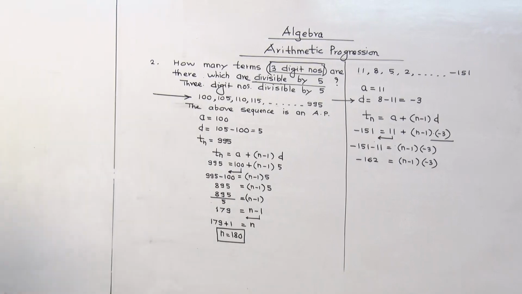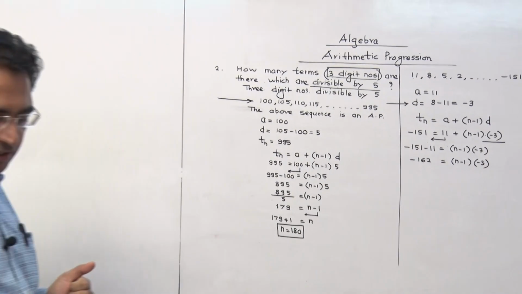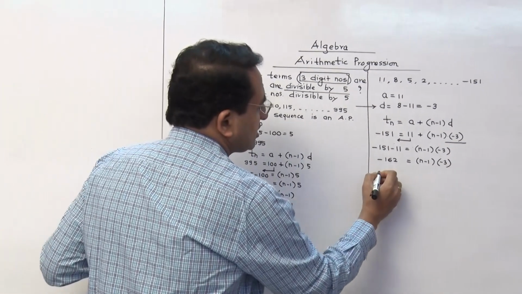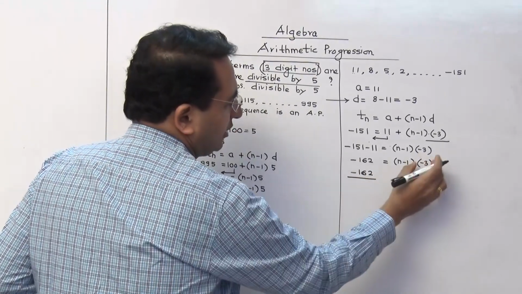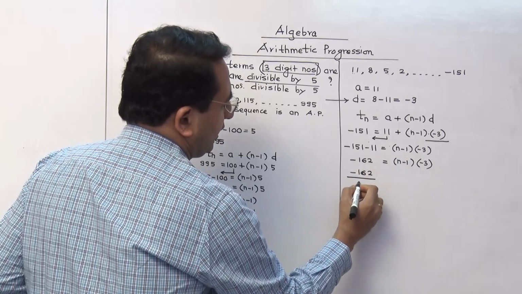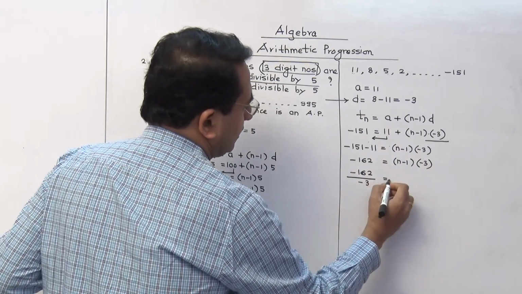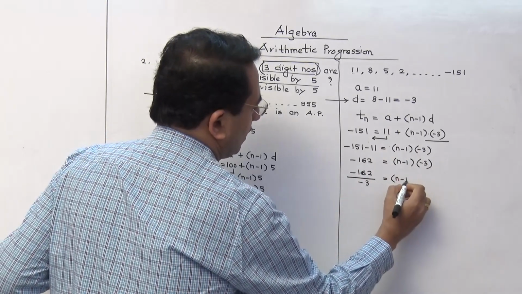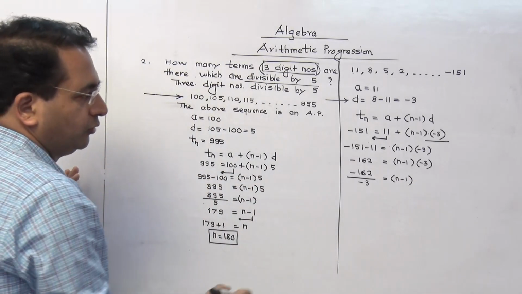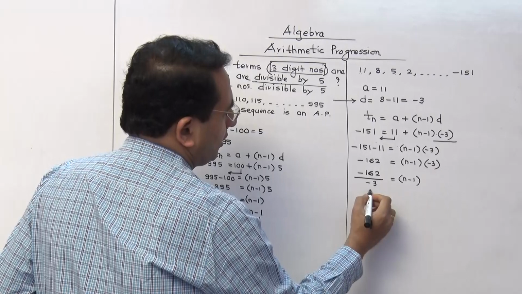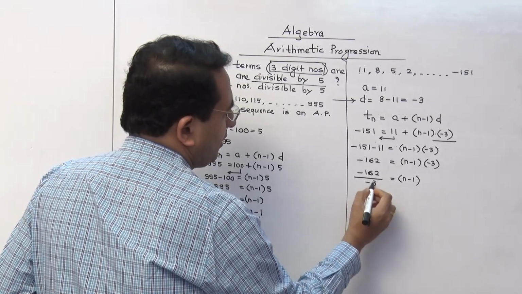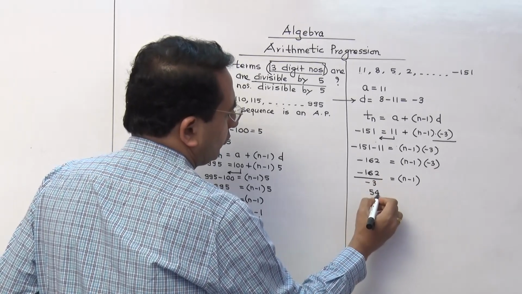Can you tell me the next step? I think it should be minus 162 divided by, this is transferred on the left side, it is becoming minus 3. That is n minus 1, correct? Now this minus sign will get cancelled. This one is going to be 3 5s are 15, remainder is 1, and 3 4s are 12.